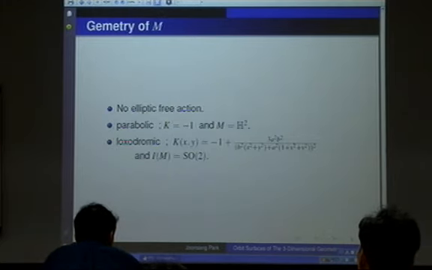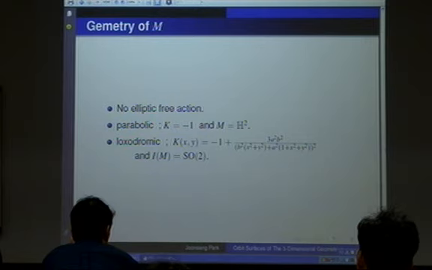Okay, so for the geometry of M, for the first case, there is no elliptic free action, so in the parabolic case, we can get any surface. And for the elliptic case, we can get a surface. For the parabolic case, we get the two-dimensional hyperbolic space.